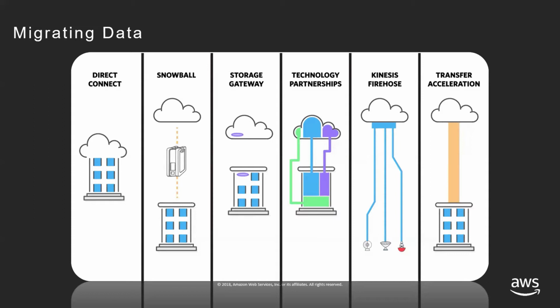You can utilize technology partners that AWS has to move the data over. Kinesis Firehose is an option if you want to move large volumes of data that is occurring at high volume from different sources on up.